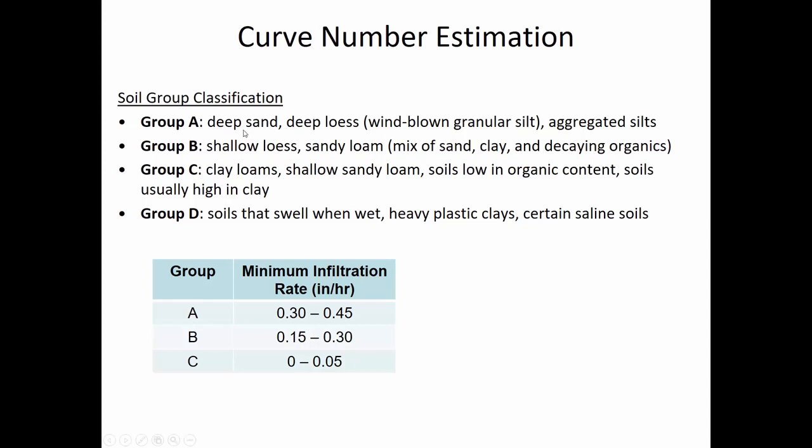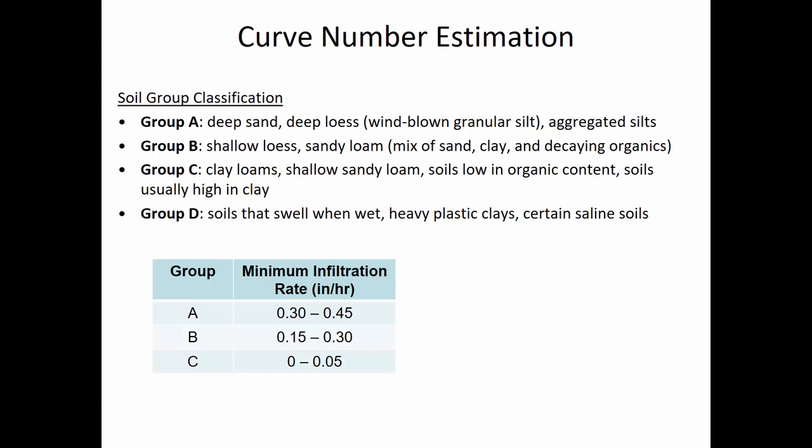And so type A soils are usually very coarse sands, aggregated silts. I don't want to say that because I'm not sure of the pronunciation. Loess? Any soil nerds want to? All right, we'll all agree on that. So type A soils are essentially heavily granular.